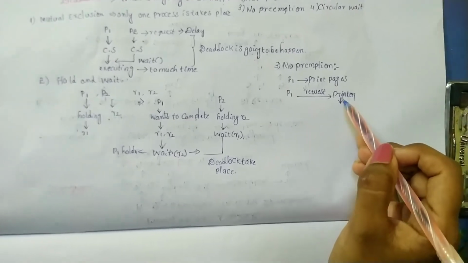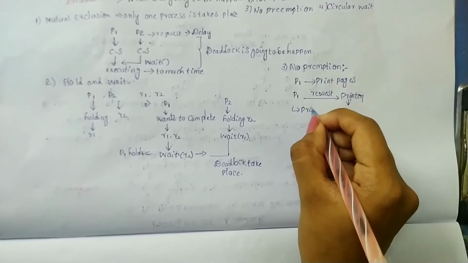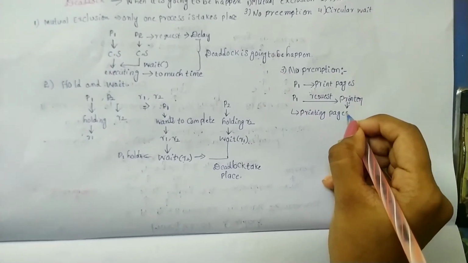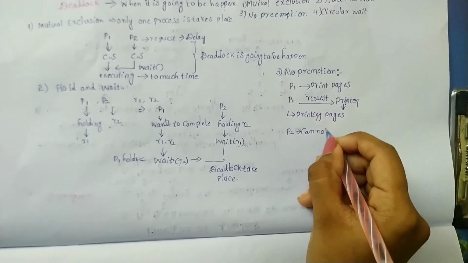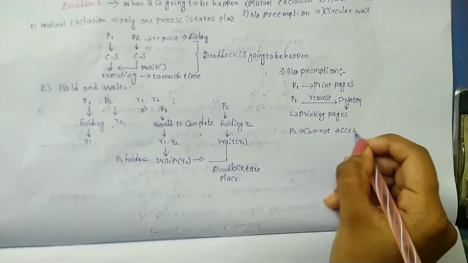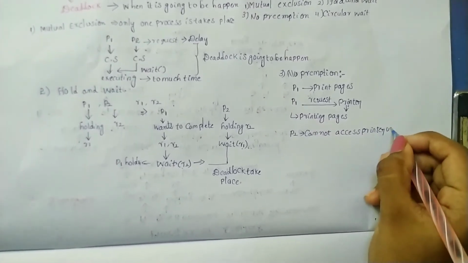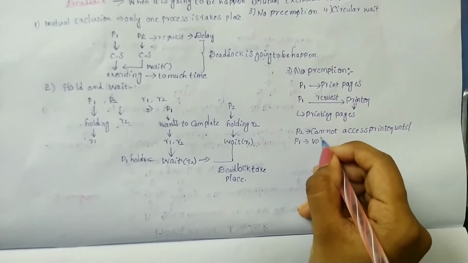P1 is printing pages and P2 is requesting a resource like a printer for printing pages. Sorry, there was a mistake earlier. P2 cannot access the printer until P1 voluntarily releases the printer.